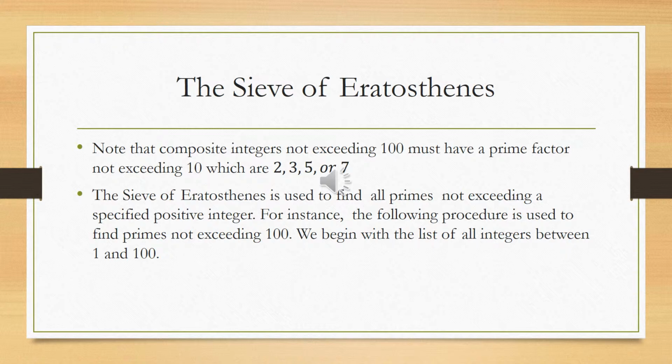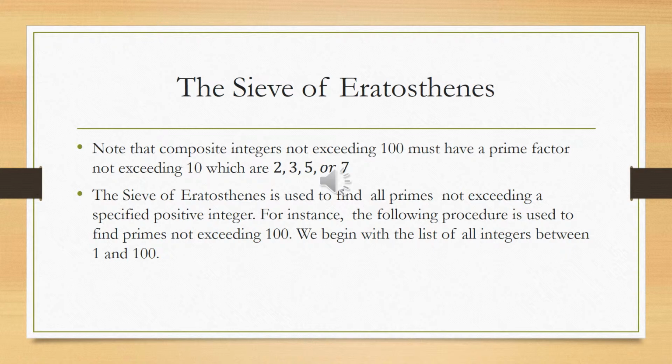Note that the composite integers not exceeding 100 must have prime factors not exceeding 10, which are 2, 3, 5, or 7. The sieve of Eratosthenes is used to find all primes not exceeding a specified positive integer.